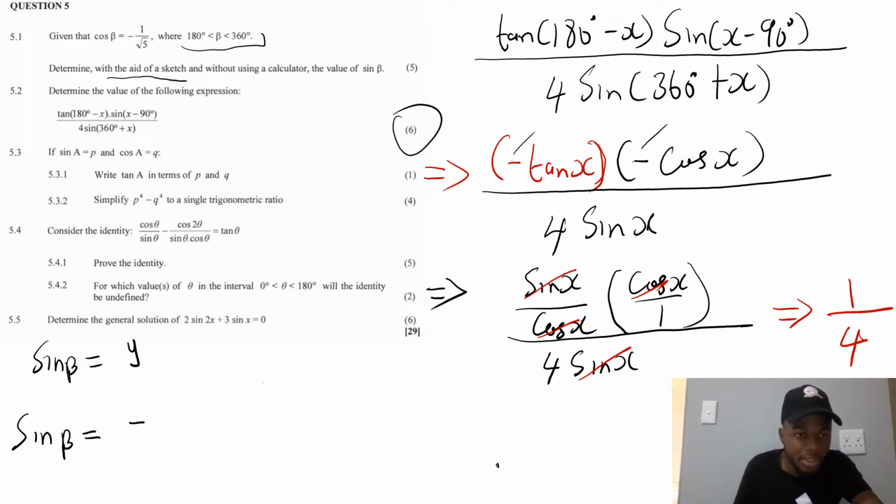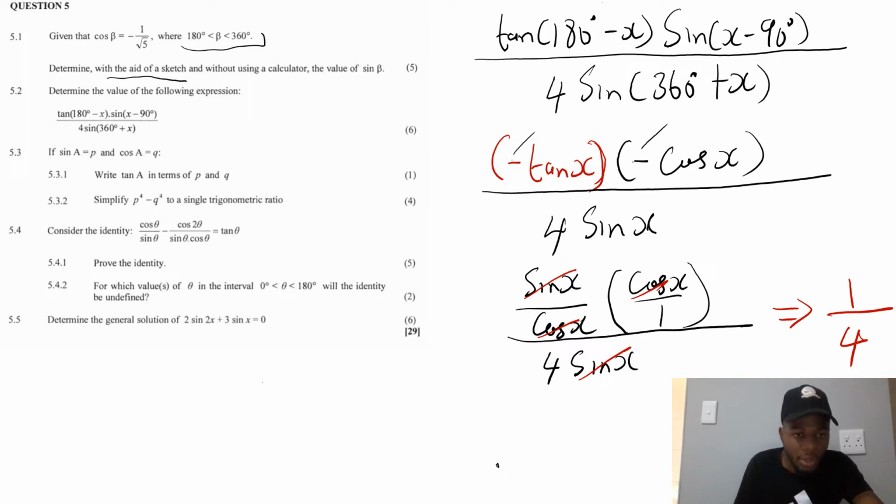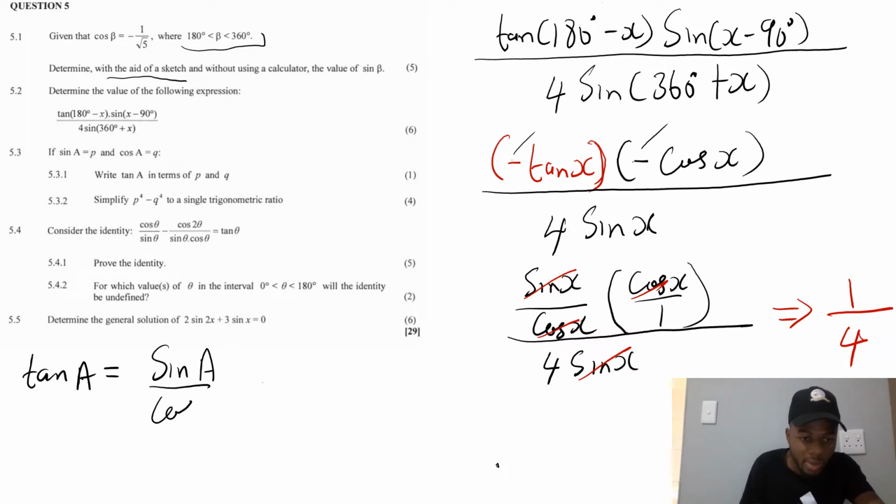In the next question, we are given that sine A is equal to P and cos A is equal to Q. Write tan A in terms of P and Q. We all know tan A is going to give us sine A over cos A. What is sine A?